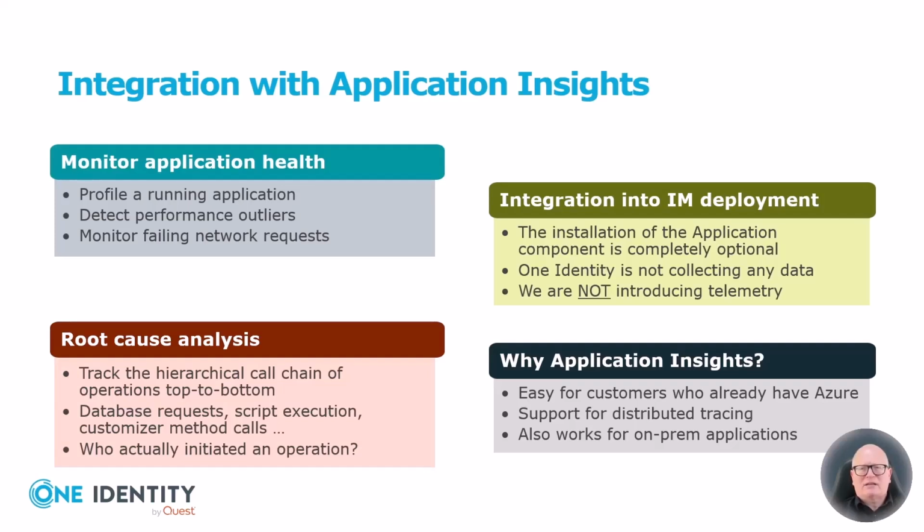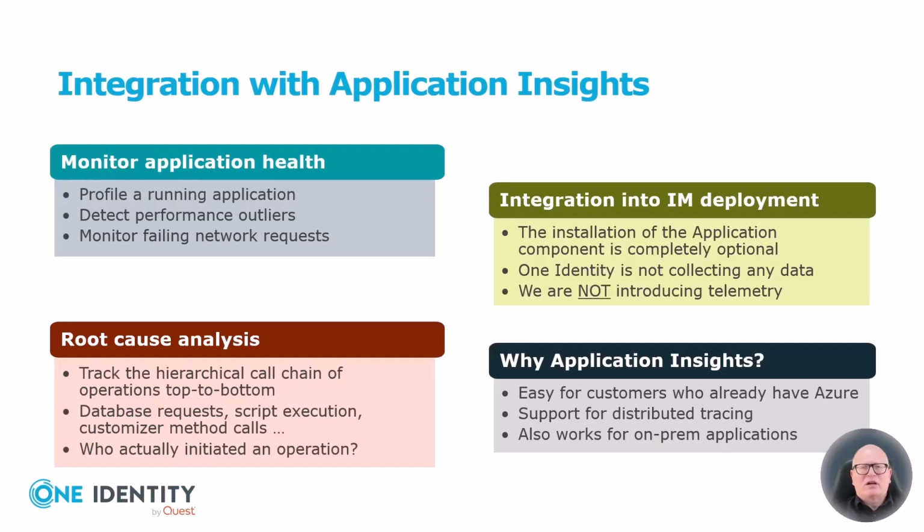On the right side in green, the integration in the Identity Manager deployment, how that whole thing works. First of all, that is an installation of the application component that is completely optional. So you don't need to use that. You can use that if you like to. The much better and much more important message is the third message in that green box.